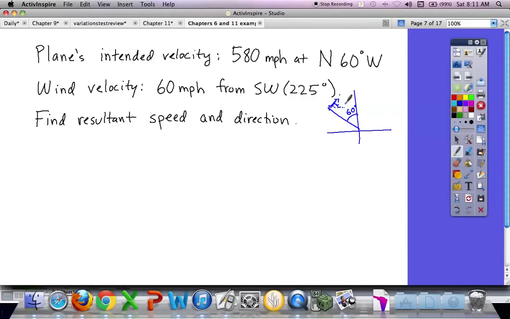Let me change colors here. So for the plane's direction, we're going to actually be using not 60 degrees, but that should be 150 degrees. And for the wind, this direction right here, if it's coming from 225, then it's actually 45 degrees. Okay, so let me call these V1 and V2 as vectors. V1 can be the velocity of the plane, V1, change back to blue.